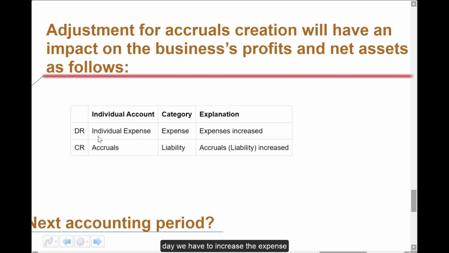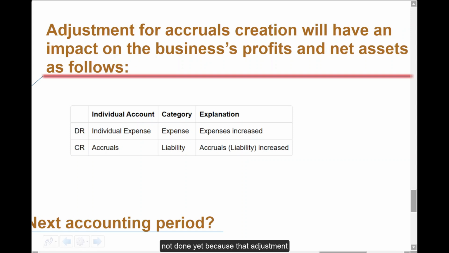At the end of the day, we have to increase the expense because it's an expense that's been incurred. We have no invoice, we haven't made any payment. We also have to increase our liabilities, in effect, our accruals account. So this whole area of creating an accrual, whatever it is, has to be centered around increasing expenses, therefore debit. Increasing liability, therefore credit. And there you have it.